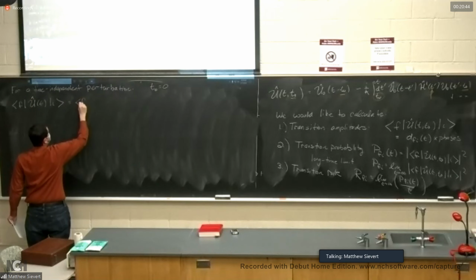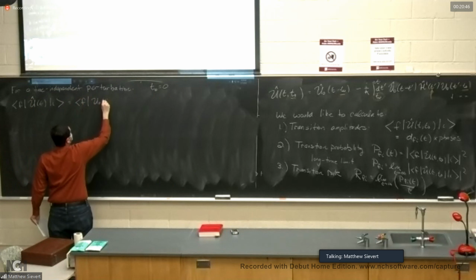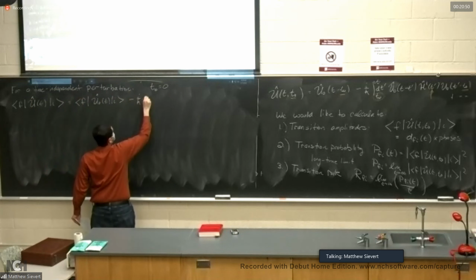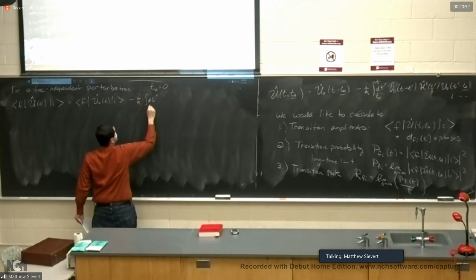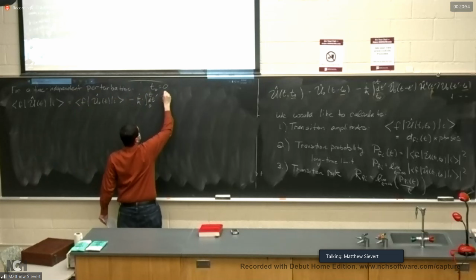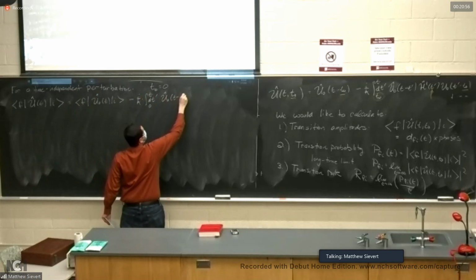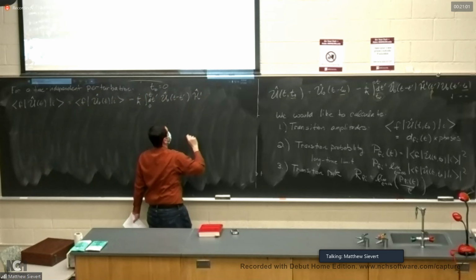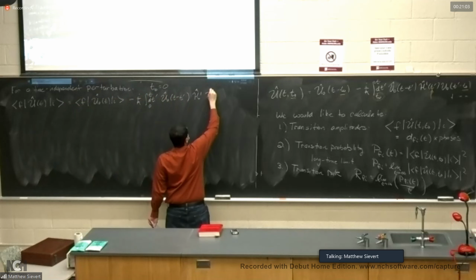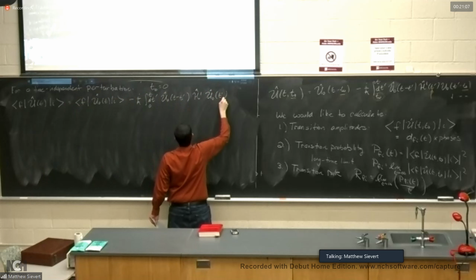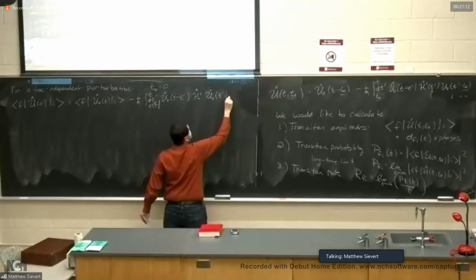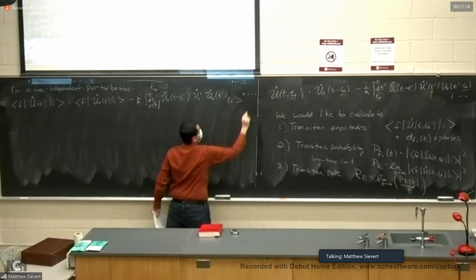So this is the bare propagator, U naught of t, minus i over h bar integral dt prime from 0 to t, bare propagation to t from t prime. In this case, a time-independent perturbation H1 times bare propagation from 0 to t prime. And I forgot to sandwich this thing between states. So final, initial, plus dot, dot, dot.